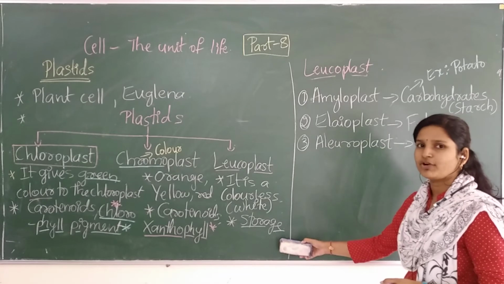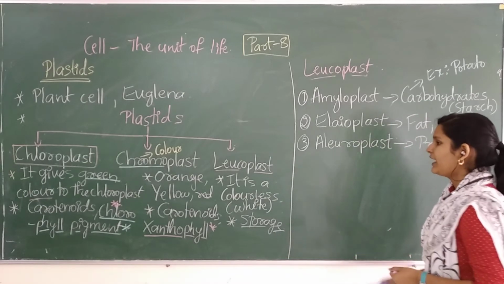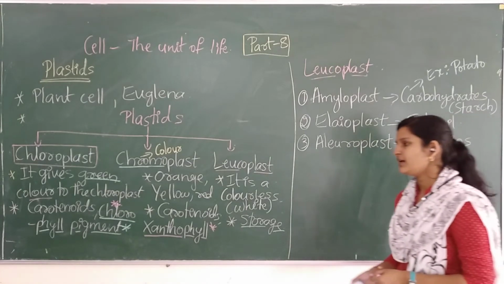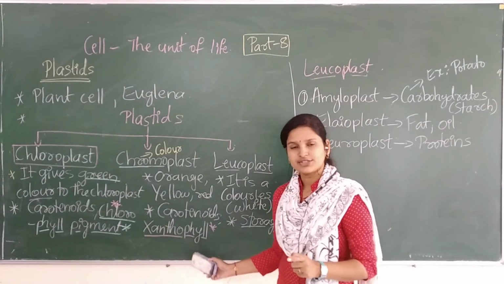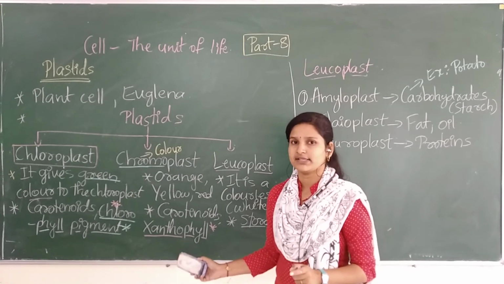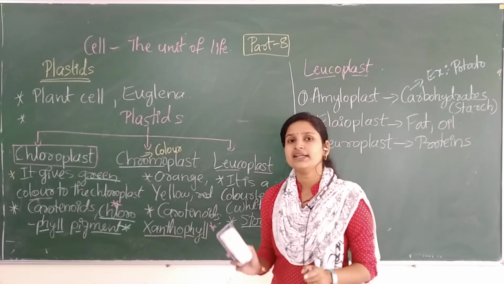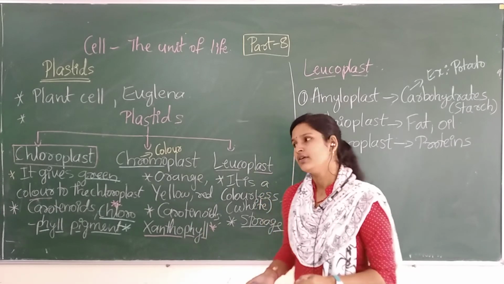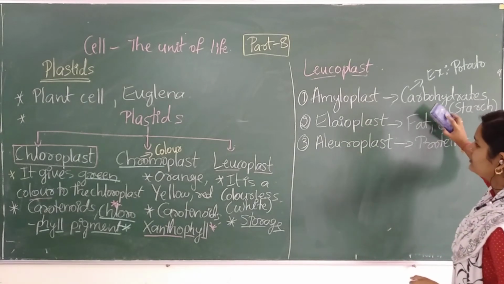Remember, these are very important, and remember the pigment names. Whenever you see coloration in plants, there will be the presence of these kinds of pigments. Because of the presence of these pigments, the plant is getting color. Understood now?